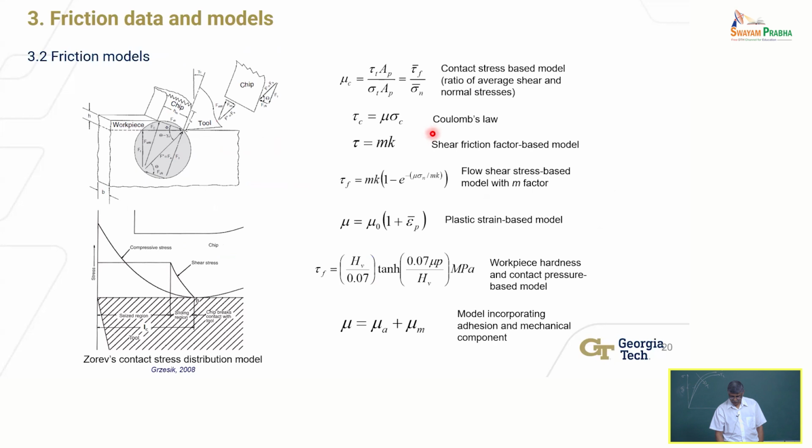This is your Coulomb friction type of model. The shear stress divided by the normal stress, okay? That is kind of the contact stress. If you can predict the frictional stress as a function of strain rate and temperature, and normal stress as a function of strain rate and temperature, then you can approximate the frictional conditions between the chip and the tool using this ratio.